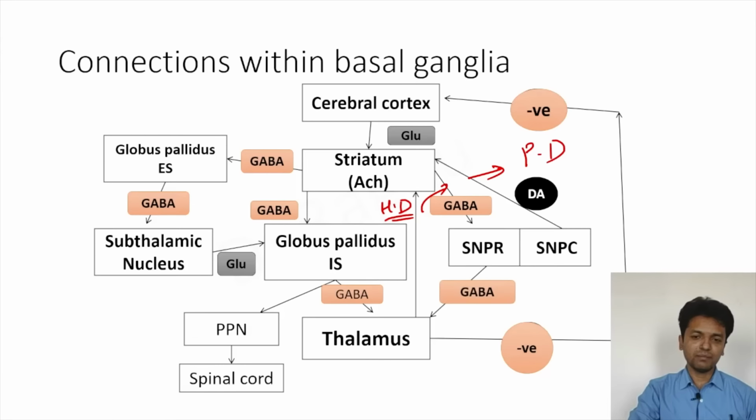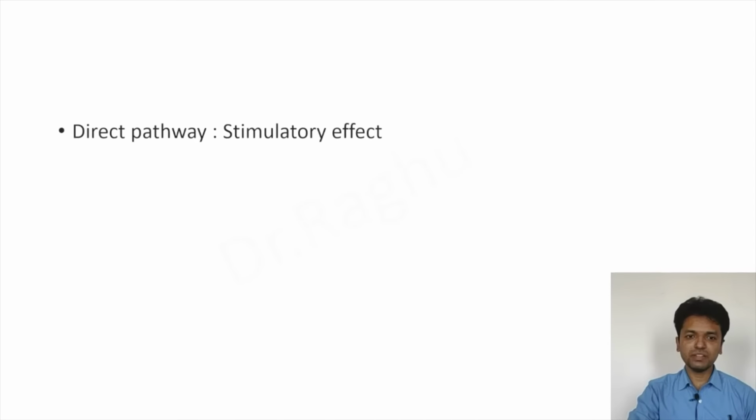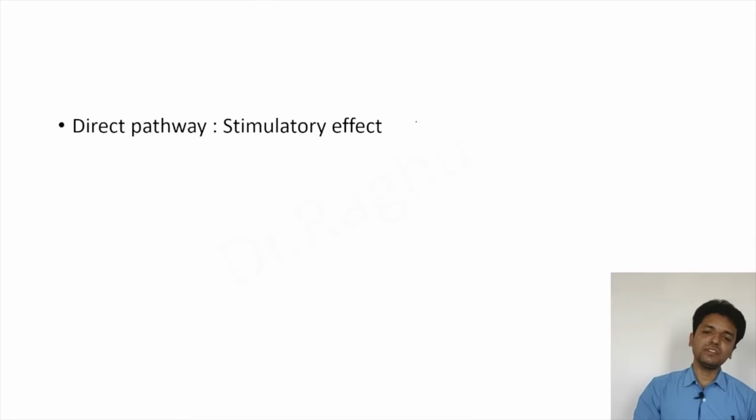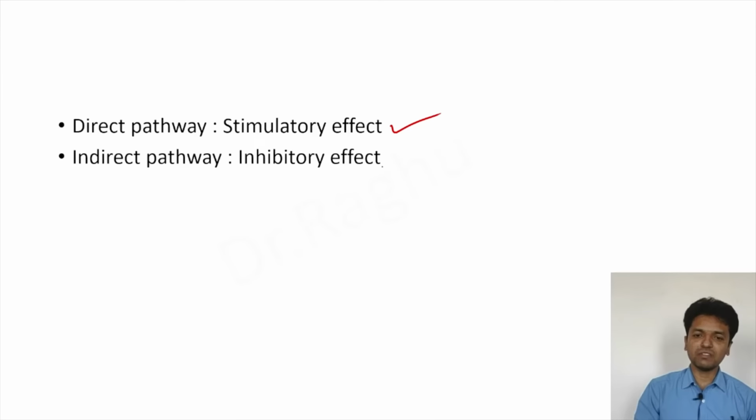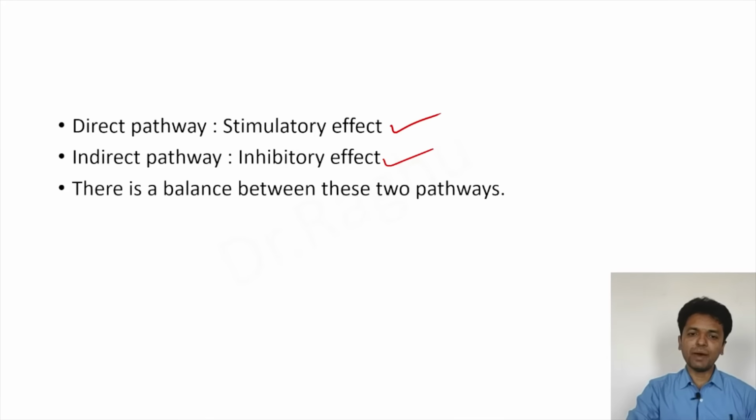Okay, and from the substantia nigra pars reticulata, the information can also come to the thalamus, and that is again GABAergic information. So that means the direct pathway is having a stimulatory effect, the indirect pathway is having an inhibitory effect. So a balance between two pathways is very much required, and the balance has to be maintained.